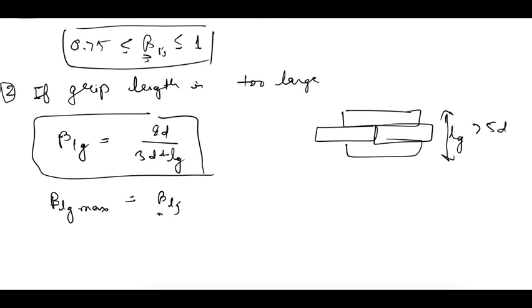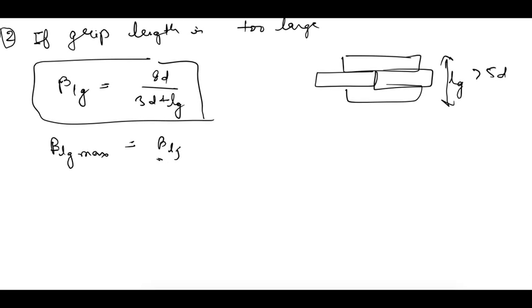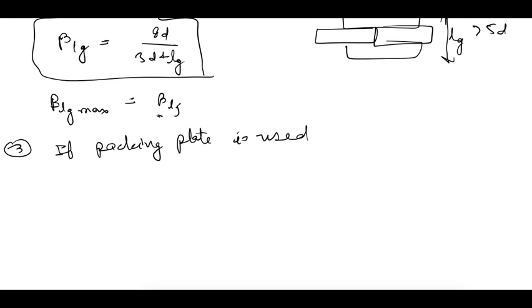After that, the third reduction factor is if packing plate is used. So packing plate is used when we are trying to connect two members which are not of same thickness. If one member is having less thickness and one is having more thickness, then we have to use this packing plate for this connection here.